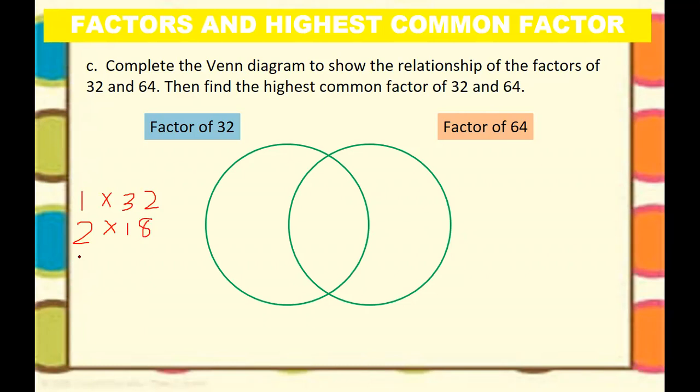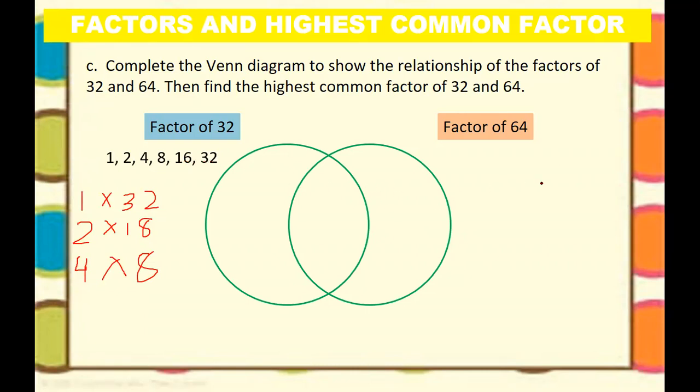Do we have 3? No, we don't have 3. So 4 times 8. We will stop now because we don't have 5 and we don't have 6. So what are the factors of 32? It is 1, 2, 4, 8, 16, and 32.